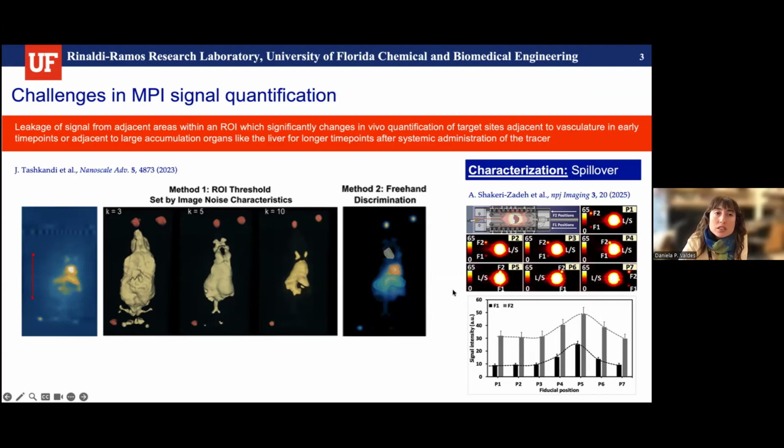So this problem of the leakage of signal from some region to another is well reported.